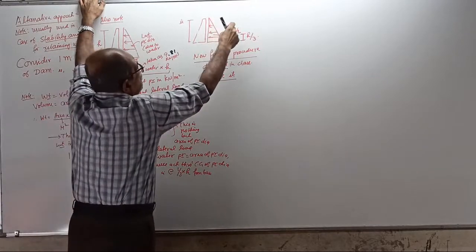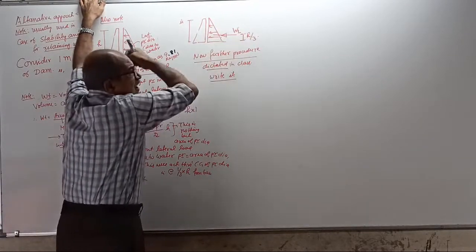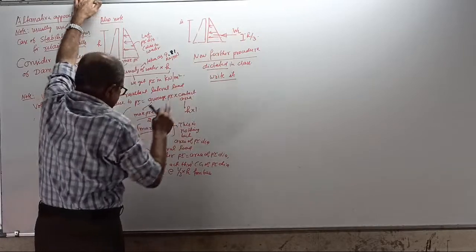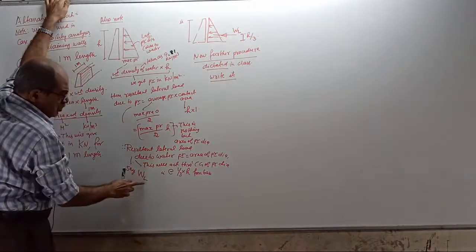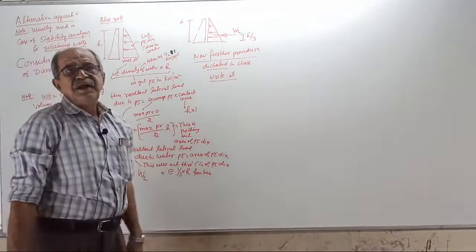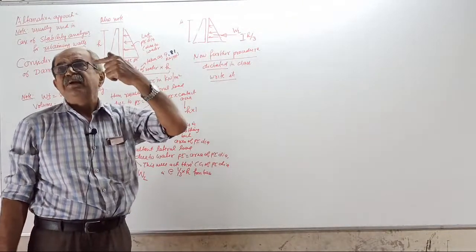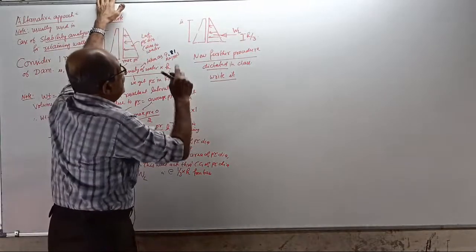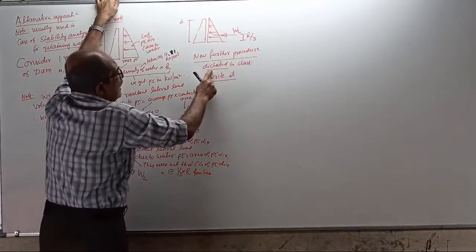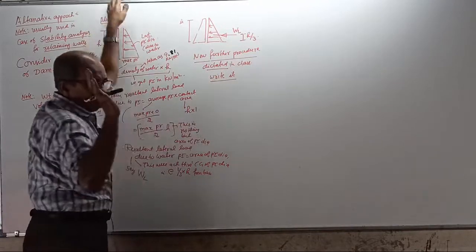I will call it WL, W lateral. WL means the resultant load due to water pressure. In a retaining wall you call it P, but here P means axial load later, so the symbol is changed.